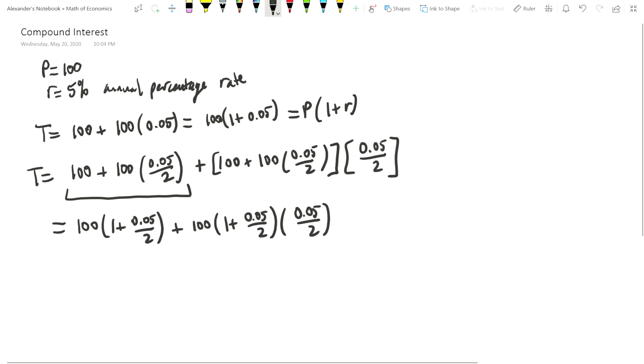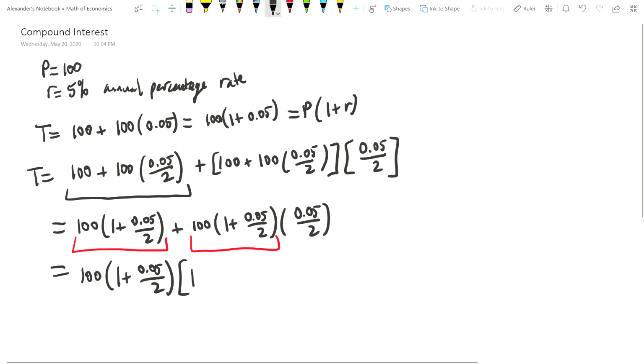We can further simplify this, seeing that we have two common factors here. And now this is going to be 100 times 1 plus 0.05 over 2. And we have one of these here, and then we have the other one multiplied by this. So that's 1 plus 0.05 over 2.